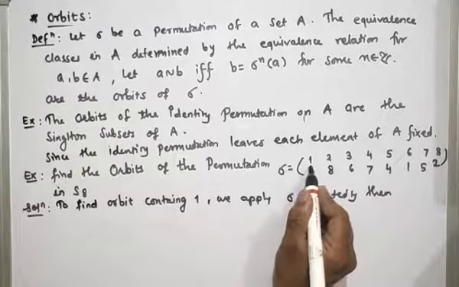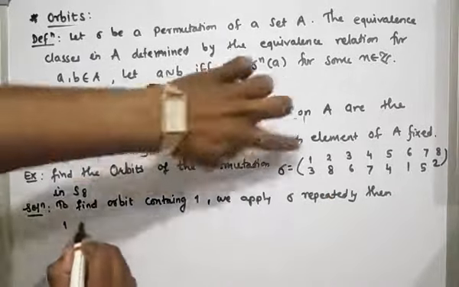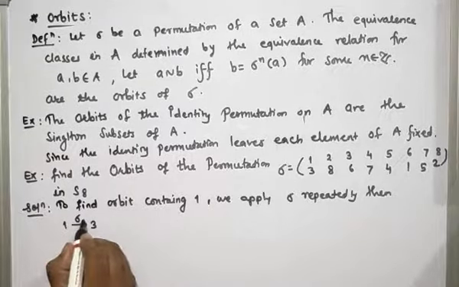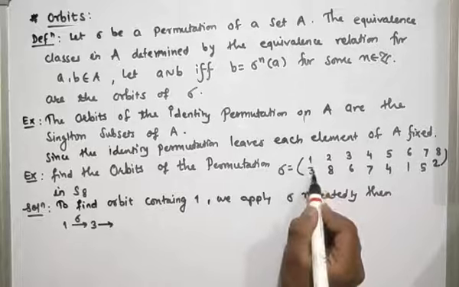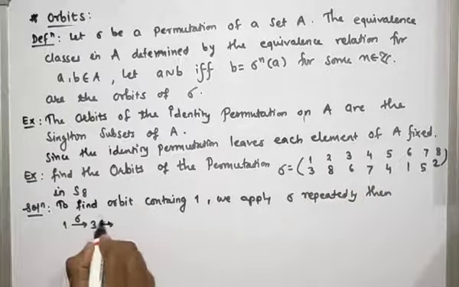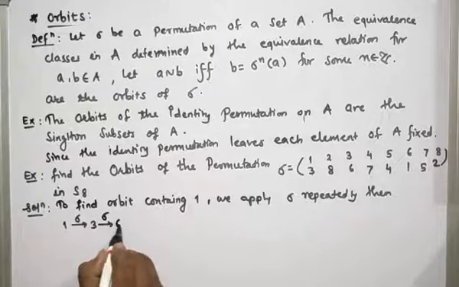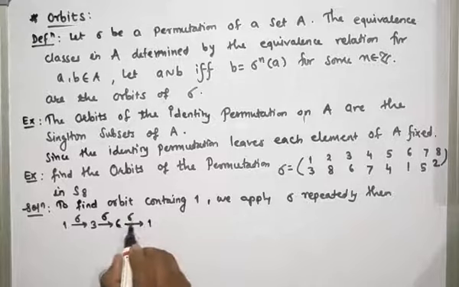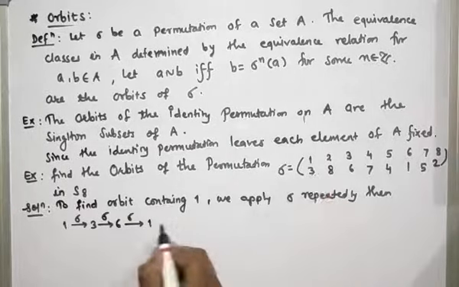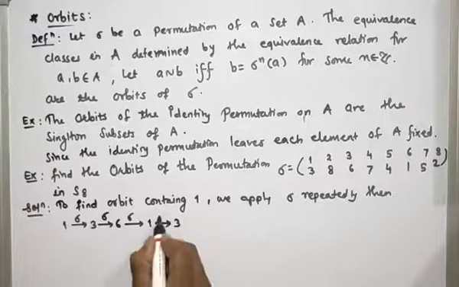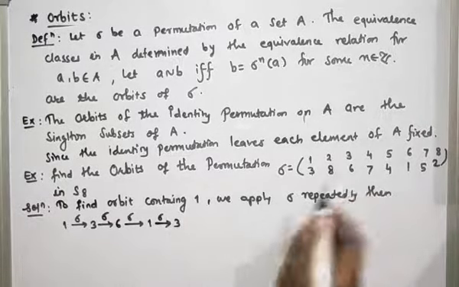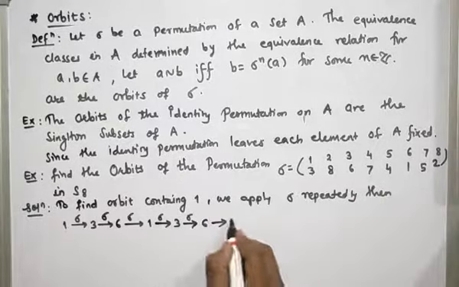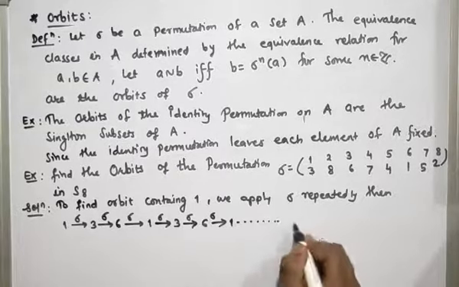Applying sigma, 1 goes to 3. Again apply sigma, 3 goes to 6. Again apply sigma, 6 goes to 1. Again 1 goes to 3, 3 goes to 6, and again 6 goes to 1, and so on.